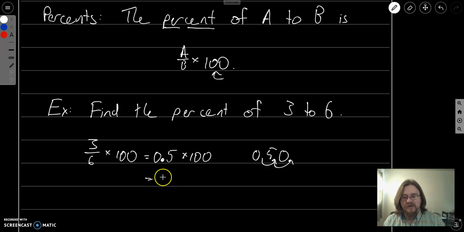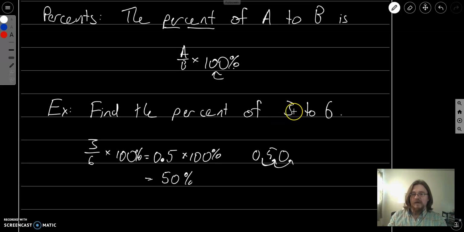And when I shift the decimal place over, I'll get 50, because now the decimal place is going to be after this 0 there. And in particular, we can't forget that if we're looking at percentages, we need this little percent sign. So this is going to be equal to 50%, which is exactly what we would expect.